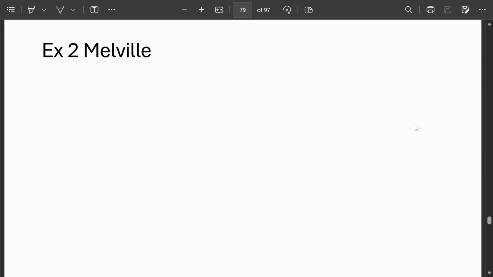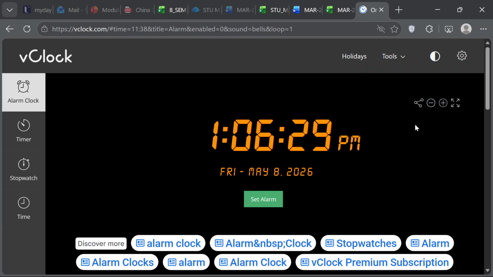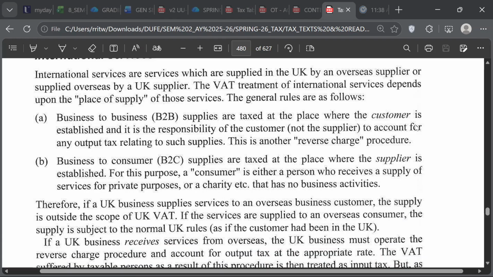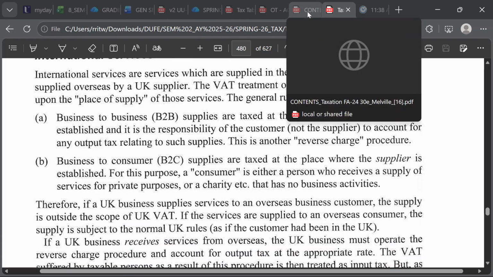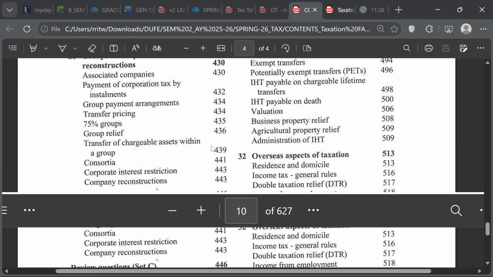So here there's an example, Melville example 2. Let me go to, yeah, okay. This one now, we've already gone on to VAT actually, so I need to see where corporation tax is. I think we are now in the calculation part, which is 25, I think.